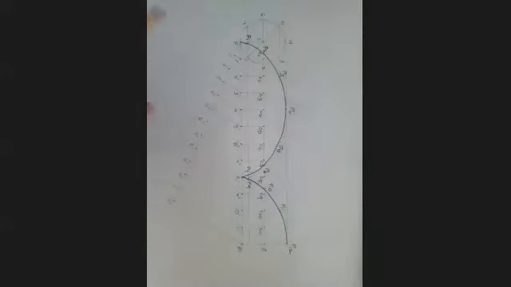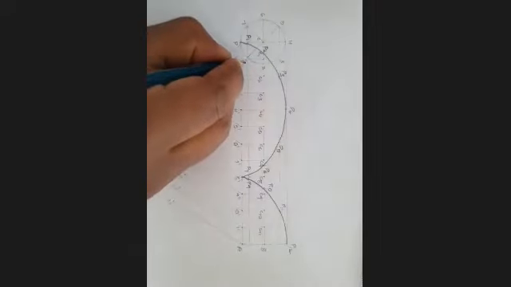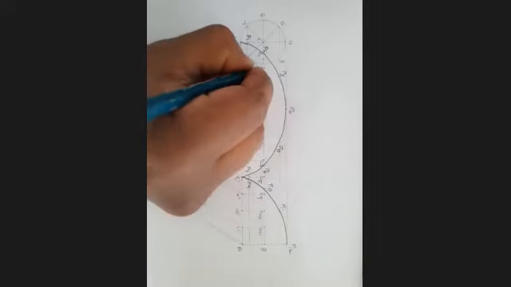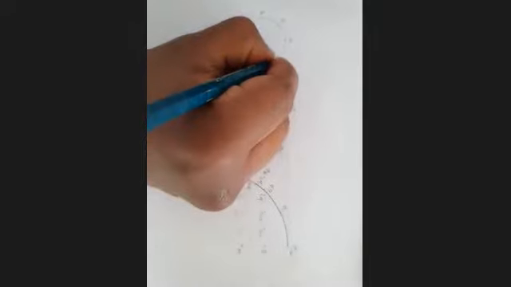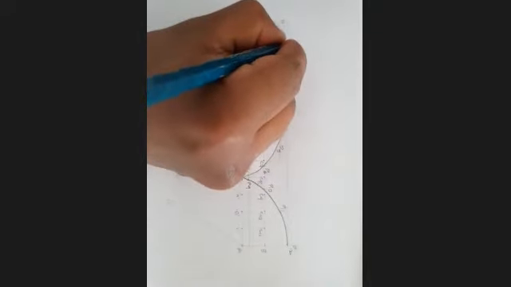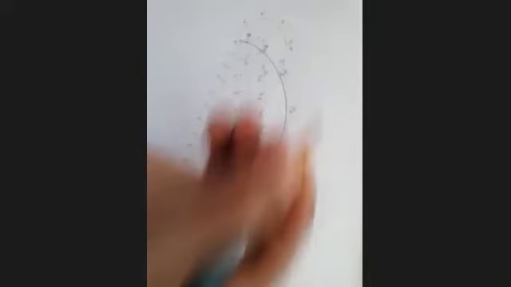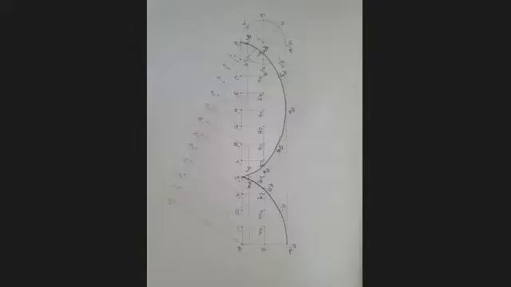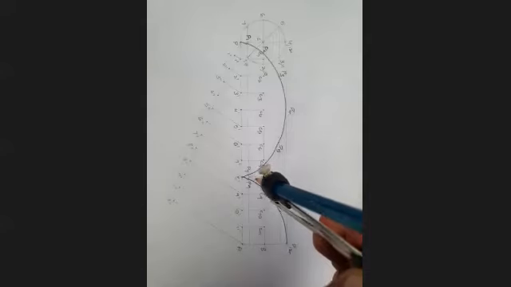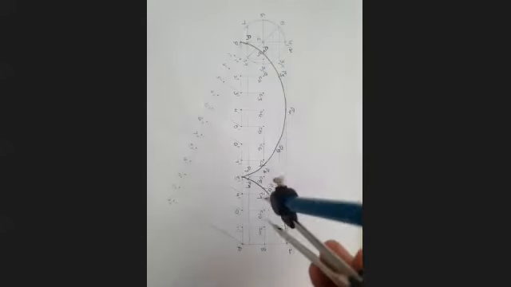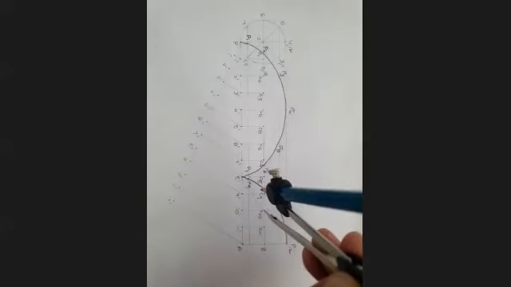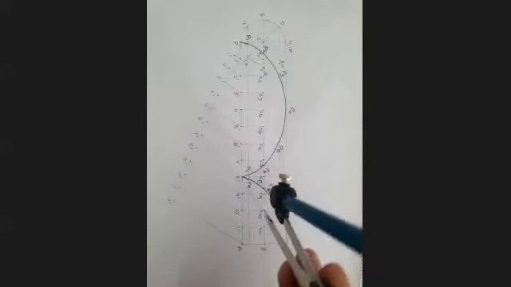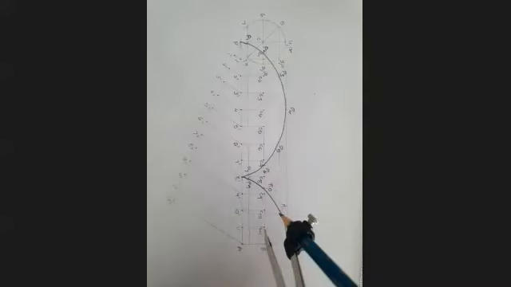See, if you want, you can write here. This is 1, 9. This is 2, 10. This is 3, 11. And this is 4, 12. Okay. C9, cut the arc on the 9th line. C10, cut the arc on the 10th.